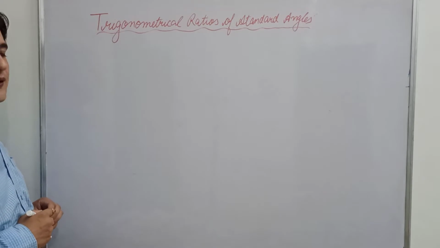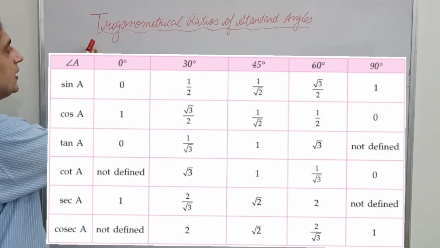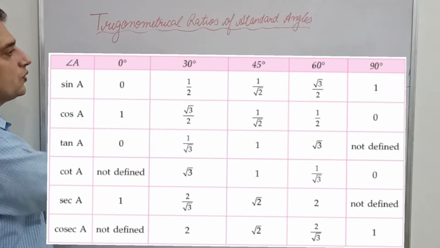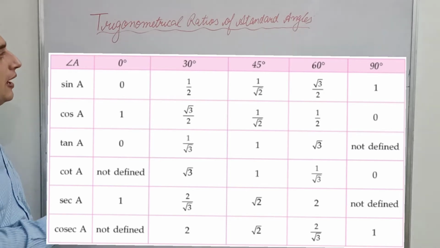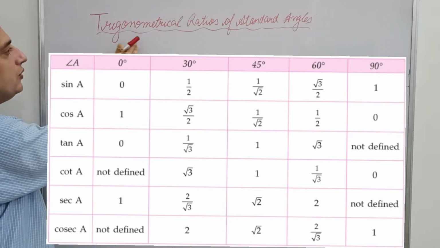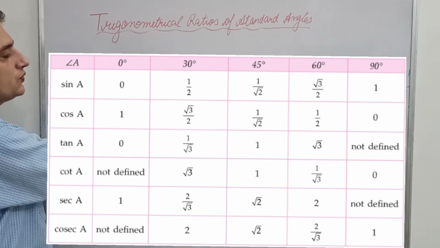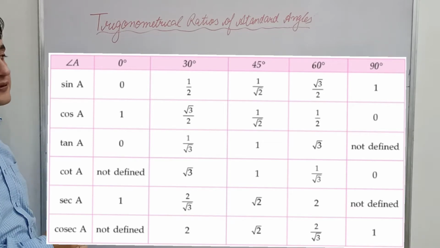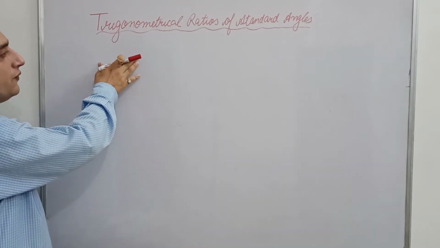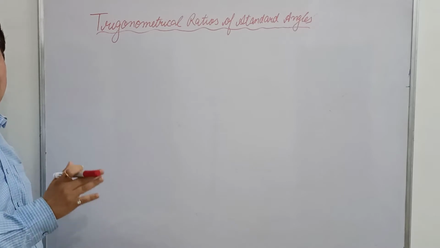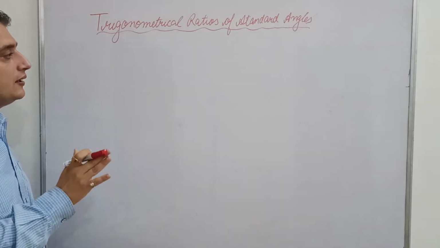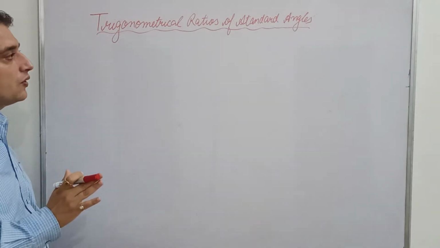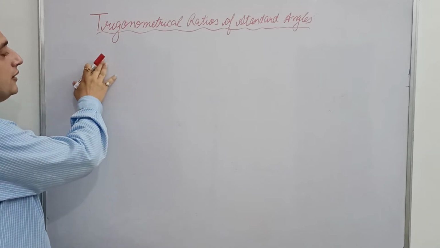In this video, we will study the trigonometrical ratios of standard angles and how to write their values, because the values of T ratios of standard angles are very important in solving problems of trigonometry, right?